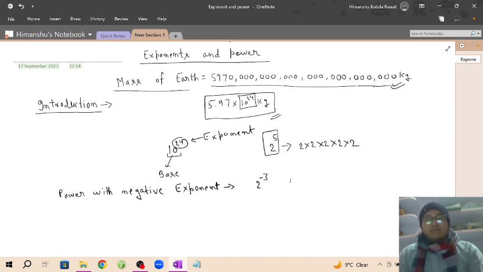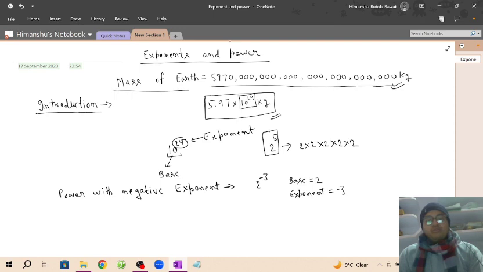So the base is equal to 2 and the exponent is equal to minus 3. Here the exponent is a negative integer. So how can we solve this number?